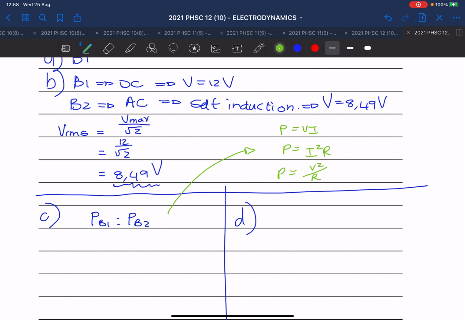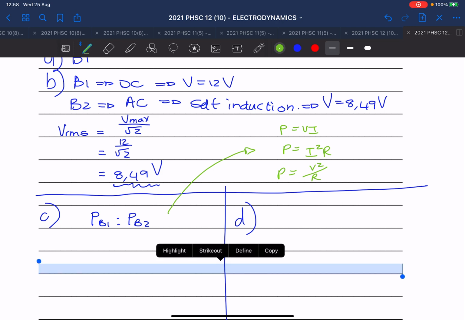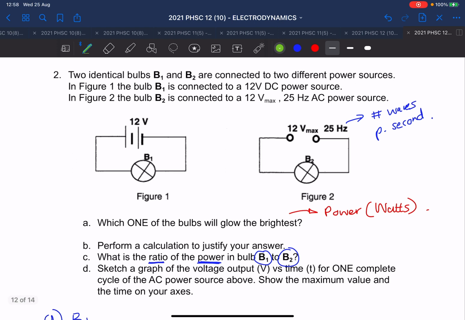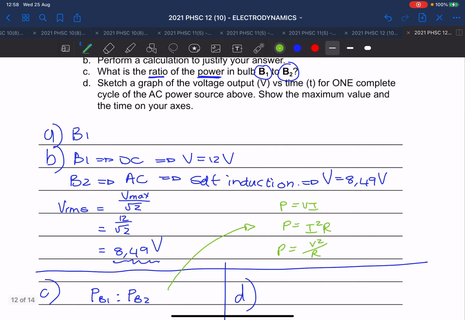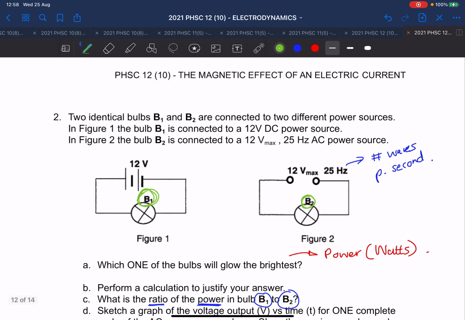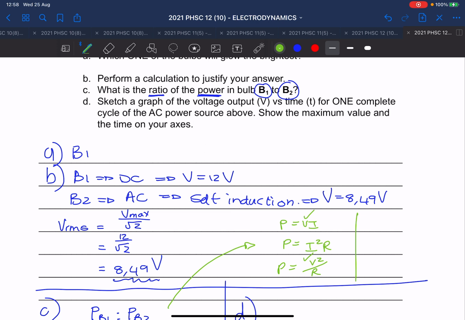Let's check for each of those two light bulbs. I'm going to go back to my picture. I know now what the volts will be for this one, and I know what the volts will be for that one. I know they say there are two identical bulbs, so I can take their resistance to be X, or 5, or 10, or whatever.